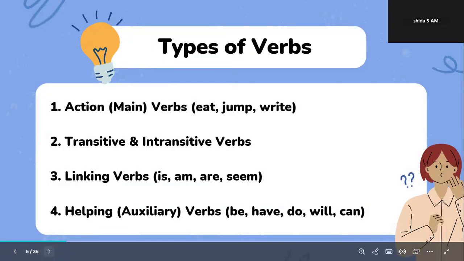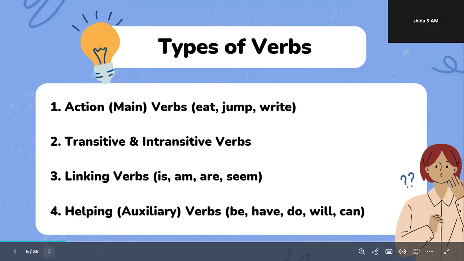And we're dealing with types of verbs here. So actually, there are different types of verbs. The first one is action or main verbs like eat, jump, write, etc. And transitive and intransitive verbs. Third one is linking verbs like is, am, are, seem.